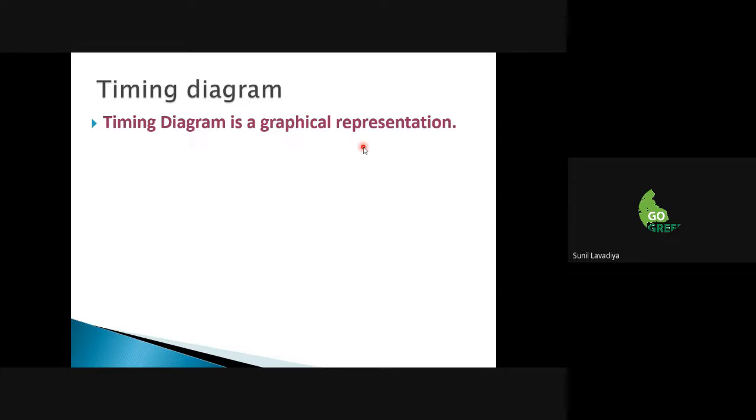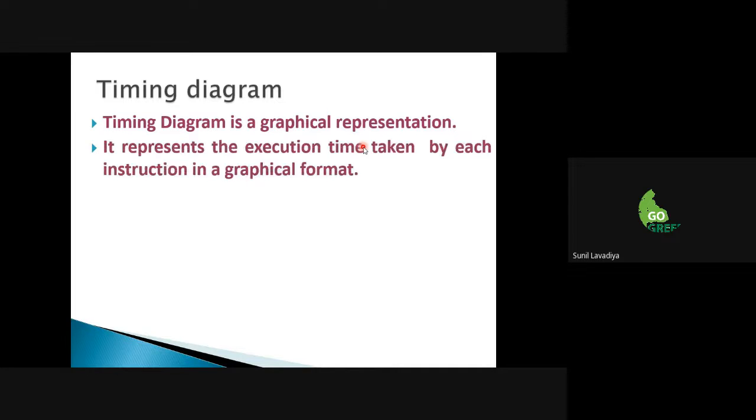Rather than values, the graphical method is easier and more suitable. It also represents the execution time taken by each instruction in graphical format. How much time is taken?